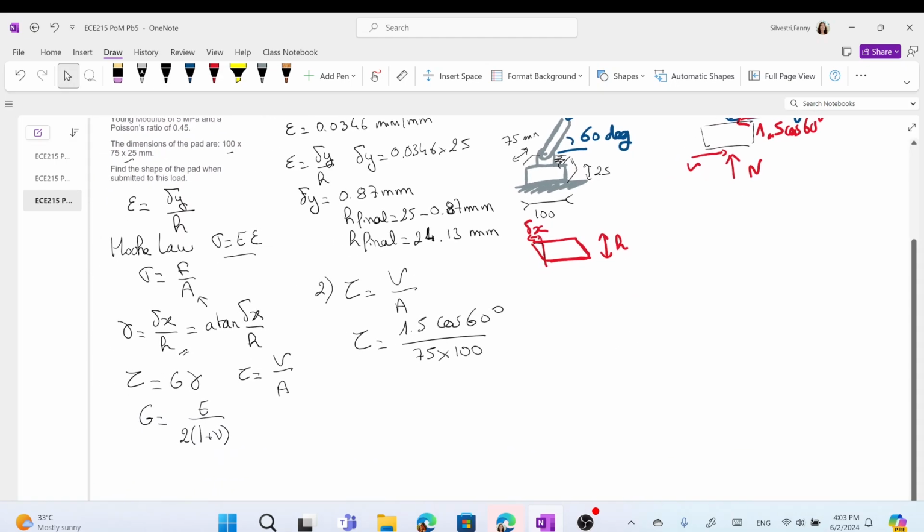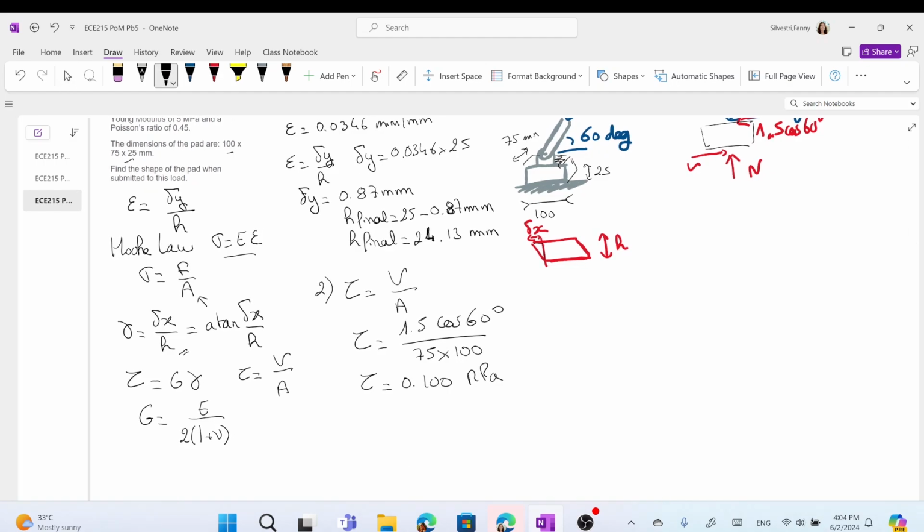So the tau, the shearing stress, equals exactly 0.100 MPa. Okay, so we have the tau.